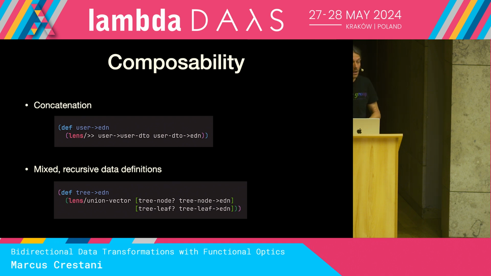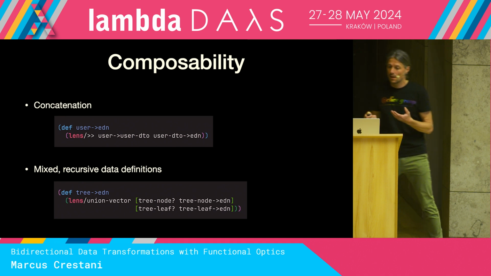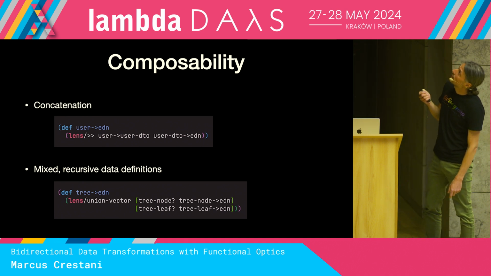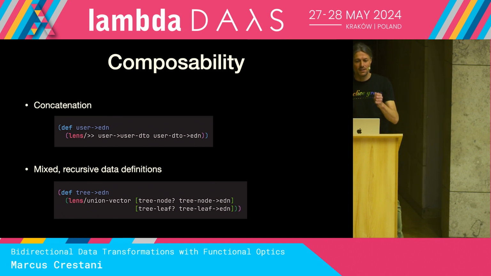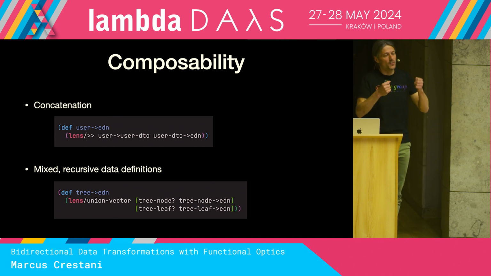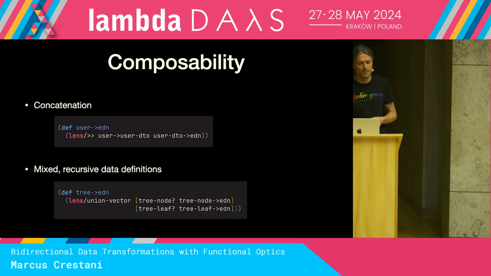And lenses are powerful. They are flexible. You can express everything. We can even use the lenses for projecting mixed data structures, like mixed recursive data structures, like trees, for example.